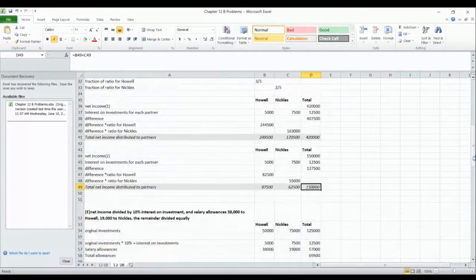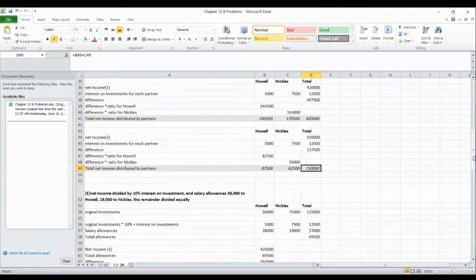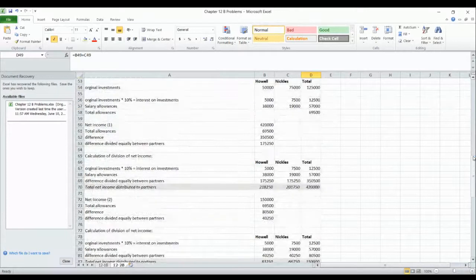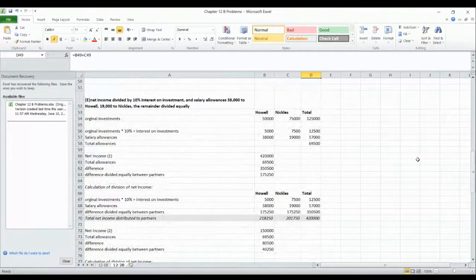I'm going to move it down to Part E that we're working on this time. And Part E told us that the net income is divided first by 10% interest on the investment. We calculate the 10% interest on the investment just like we did in the last part.